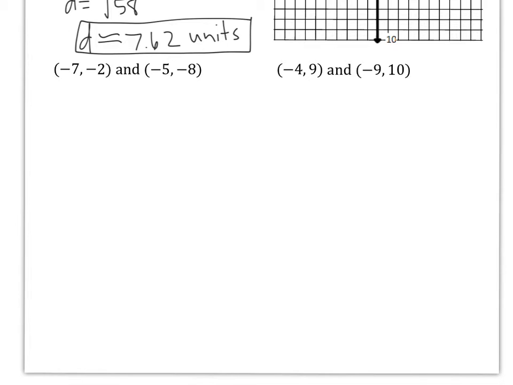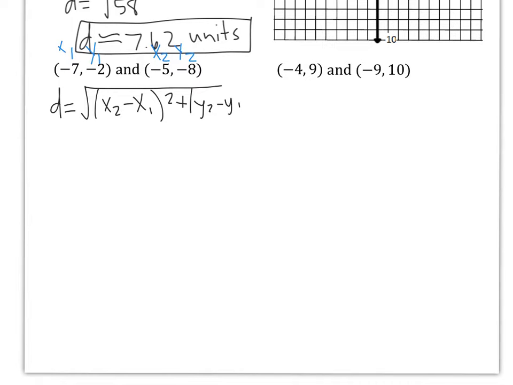Let's look at 2 more examples, and now we're not going to use a grid or a coordinate plane, we're just going to use the formula. So the first thing I'll do is label x1, y1, x2, y2. I'm going to plug them into the formula. So again, we can write our formula down so we can practice memorizing it. So then if I plug these in, I get distance equals the square root of negative 5 minus negative 7.